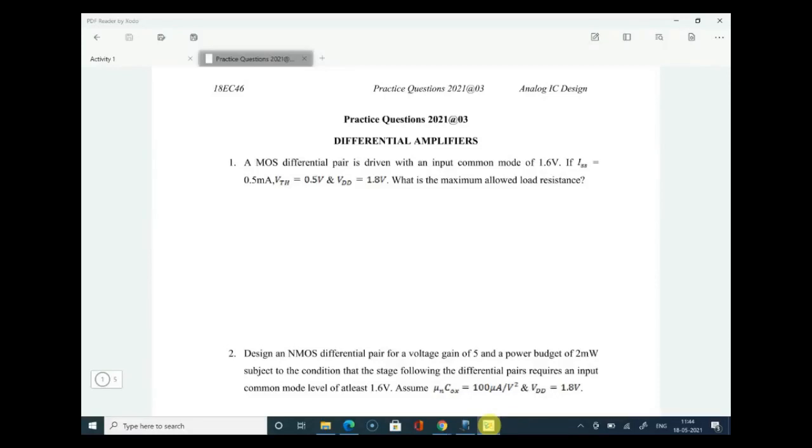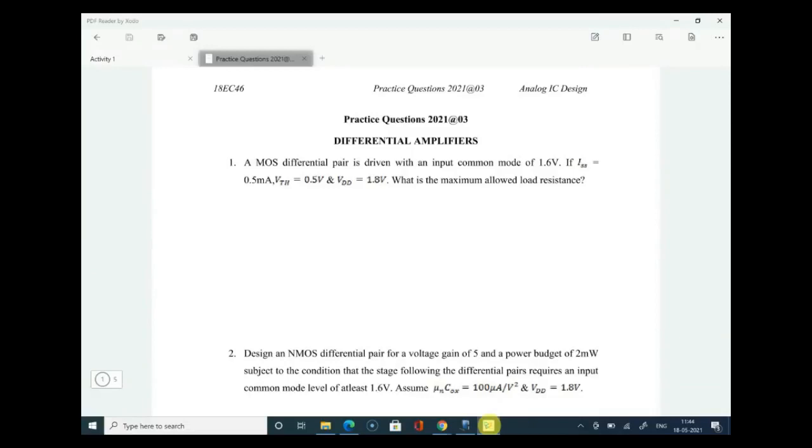Very good. So what comes to your mind after reading this question? We need to find a value of load resistance, sir. Yes, that is right, designing a differential pair. You are supposed to find the value of the load resistance, and one condition is given, that it should be the maximum allowed load resistance.